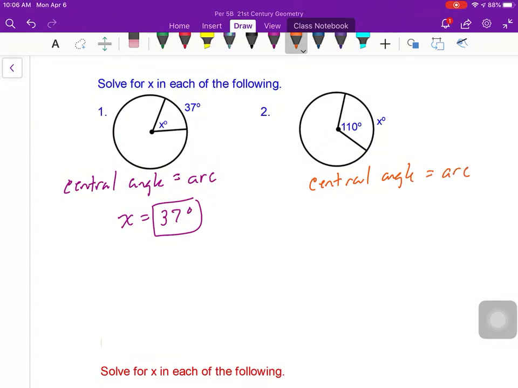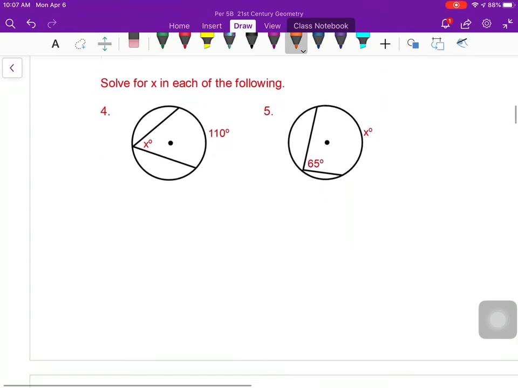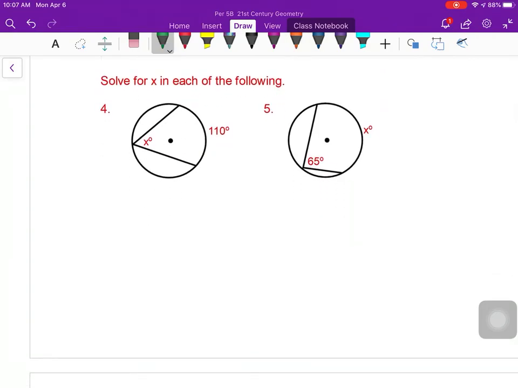This next problem, still a central angle. It's equal to the arc. So if the angle is 110 degrees, hey, then x is 110 degrees. Central angles, no problem at all. Here we have inscribed angles.